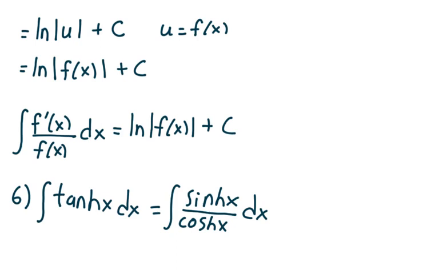So notice how f of x is in the denominator and the derivative is in the numerator. And so this is natural log of the function, which in this case is hyperbolic cosine of x plus c. So it makes it real slick to be able to integrate something like hyperbolic tangent x.